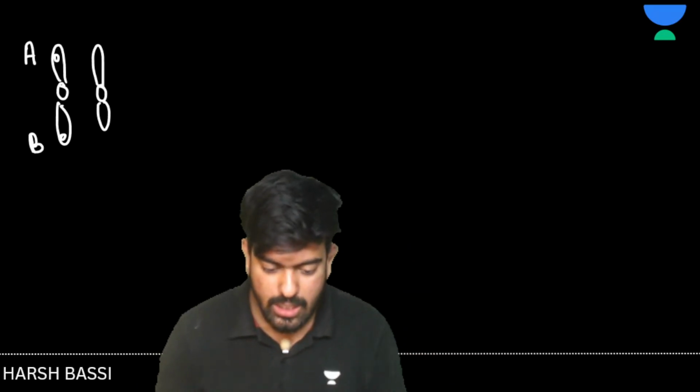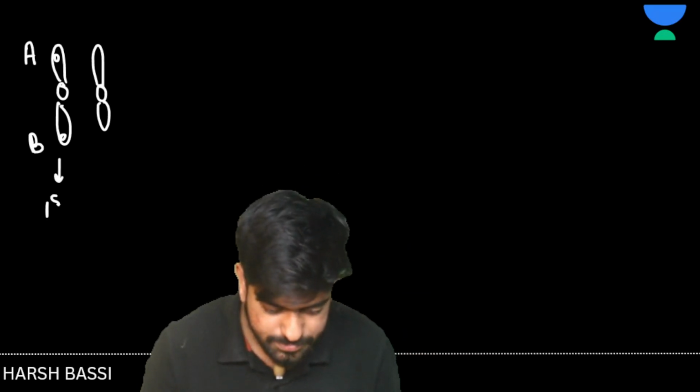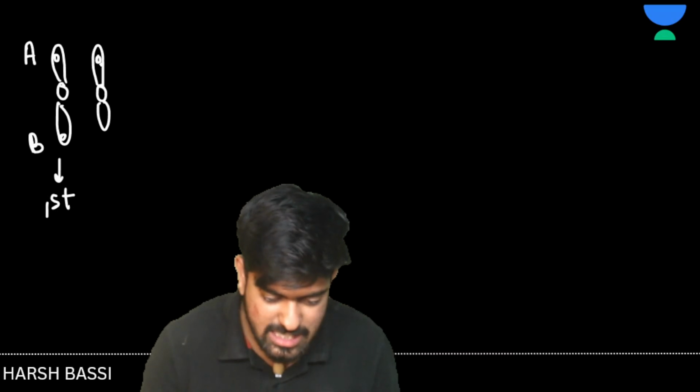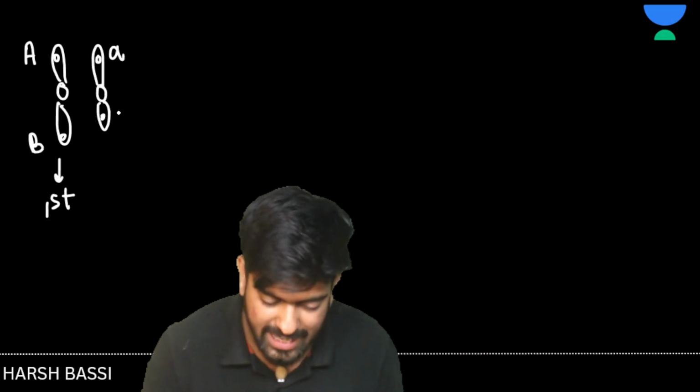See, so these are what? These are 2 chromosomes. Now in this chromosome, we have 2 genes, which are A and B. The first bencher, okay? And let's suppose the last bencher has the genes small a and small b.